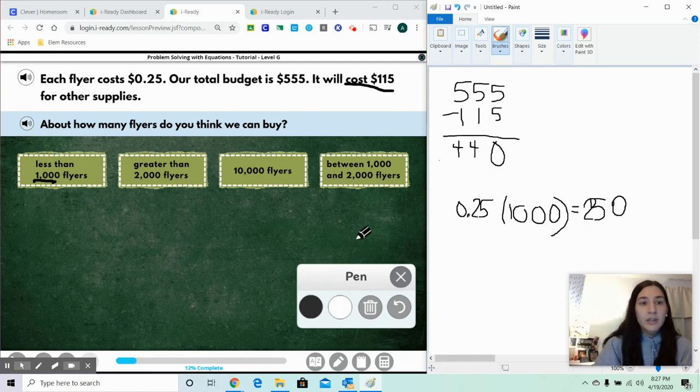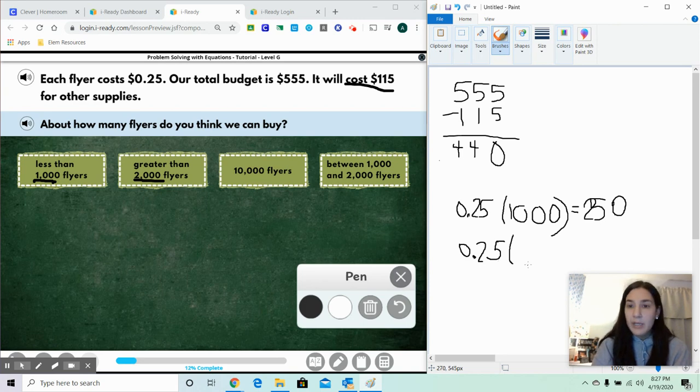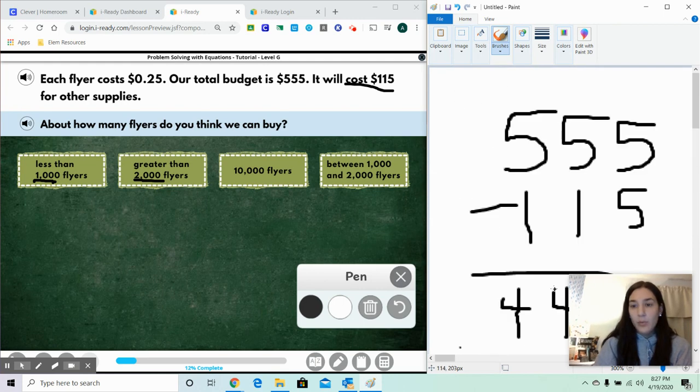Now, we also see the next number is 2,000. So let's do 0.25 or 25 cents times 2,000. Paint might be a little harder to write with than the iReady program. Hold on, guys.